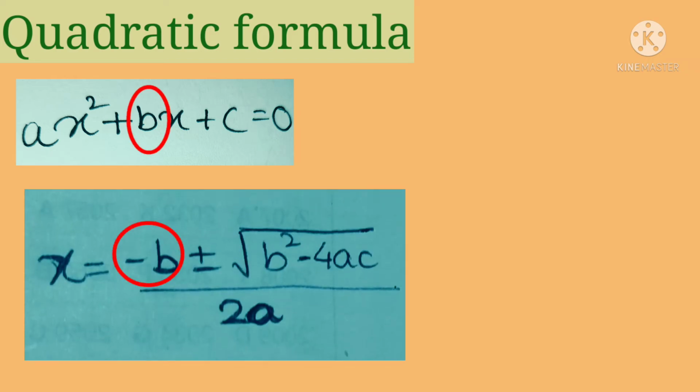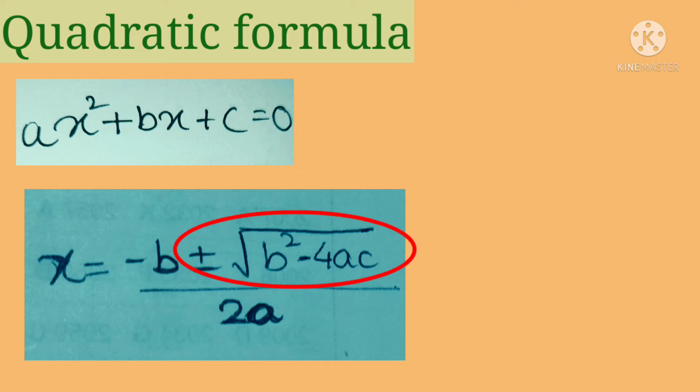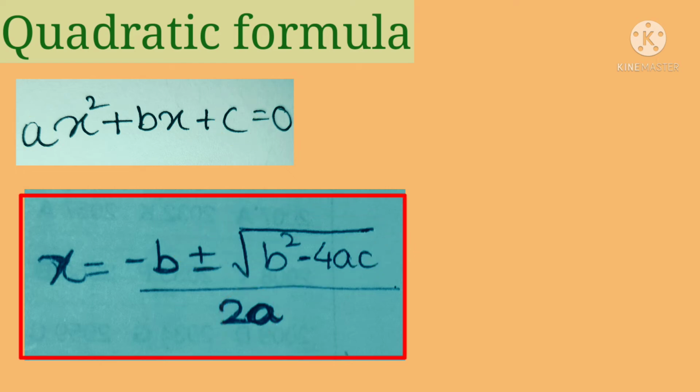Whatever the b value, put it as minus. If it is plus 2, put minus 2. But if it is minus 2, then we put plus 2, because according to the formula we have minus b, plus or minus root of b square minus 4ac, divided by 2a. This is the most important formula we usually use for the questions.